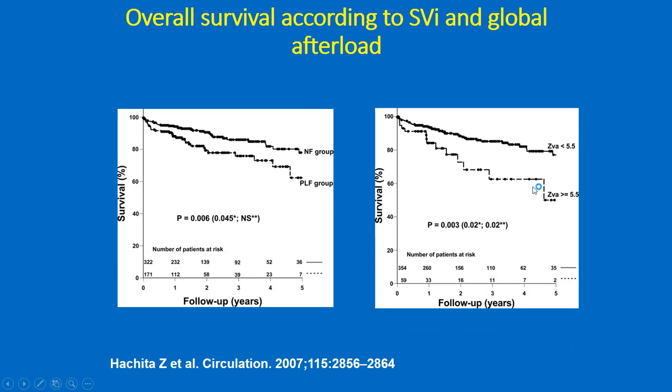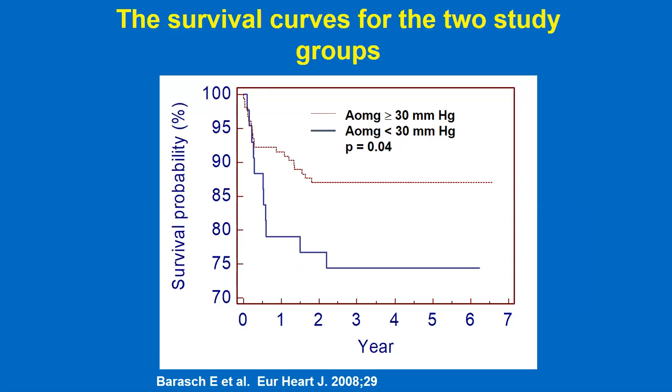And in addition, with DOI that I showed you before, less than 0.25, global afterload more than 5.5 is associated with increased mortality in this group of patients. We reproduce the same results when we divided the patients by a threshold of mean gradient of 30 millimeter mercury, such that those patients who have mean pressure gradient less than 30 millimeter mercury had a much poorer prognosis.